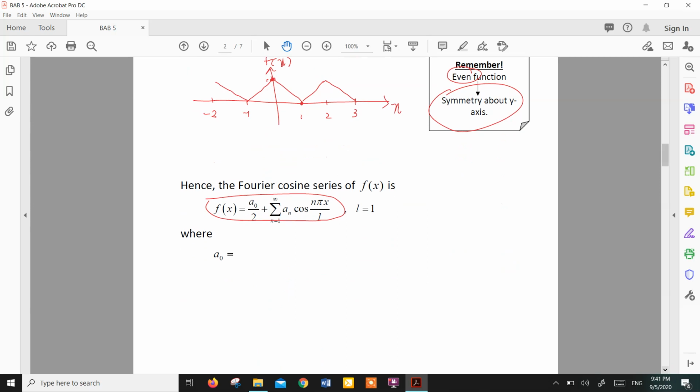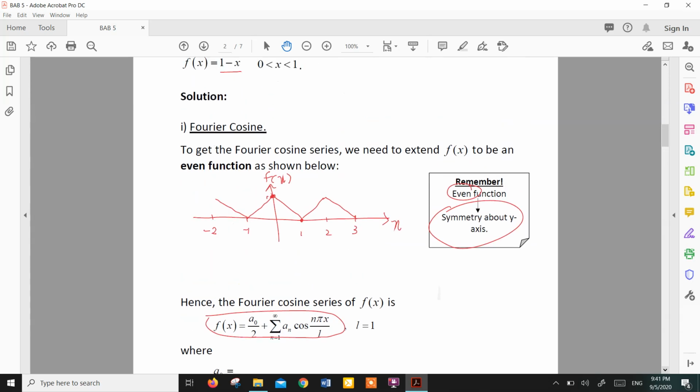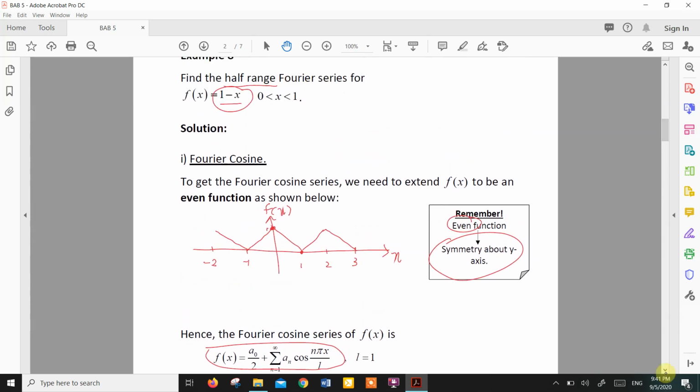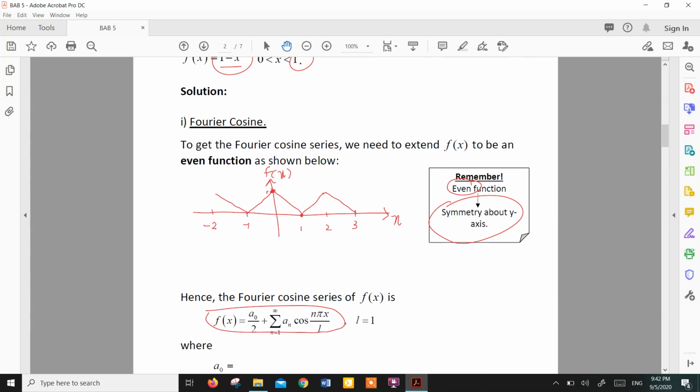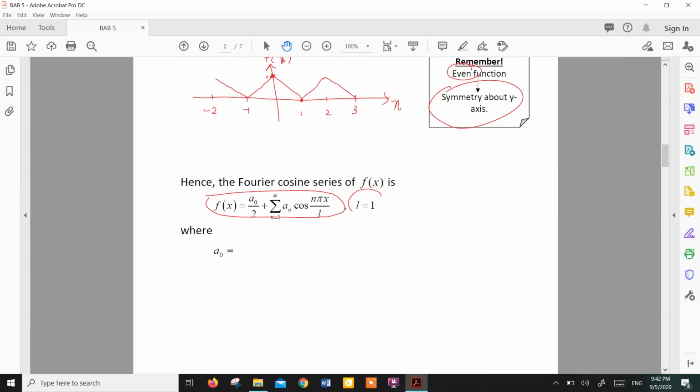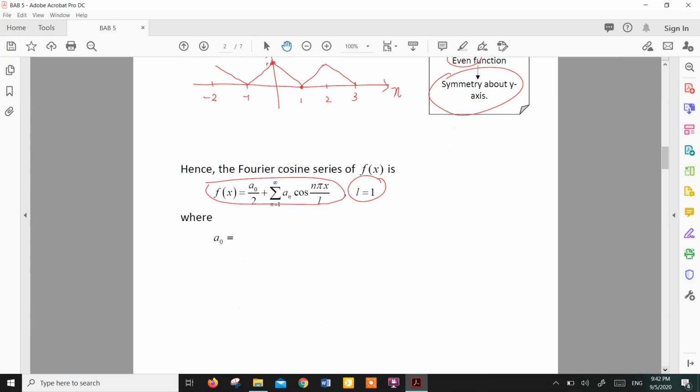For this question, this is your f(x) and L is equal to 1. So a0, just now the formula is a0 equals 2 over L integration from 0 to L of f(x) dx.